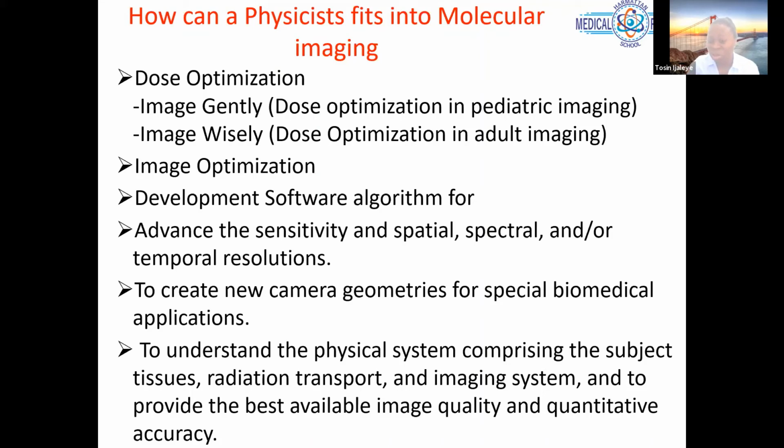Medical physicists are also there to determine dose. So our work is to optimize the dose for pediatric imaging and adult imaging, to image wisely and minimize the dose to organs at risk.